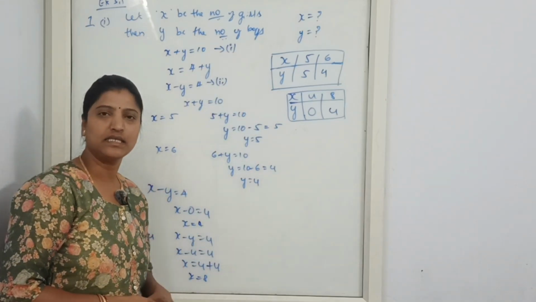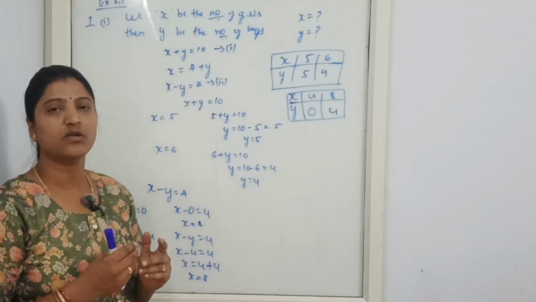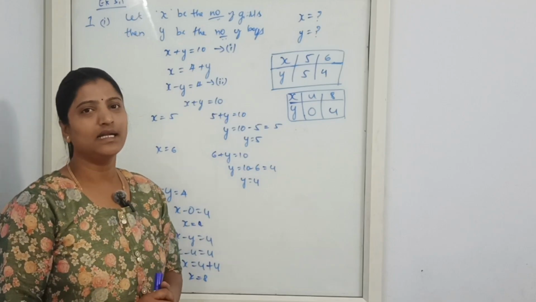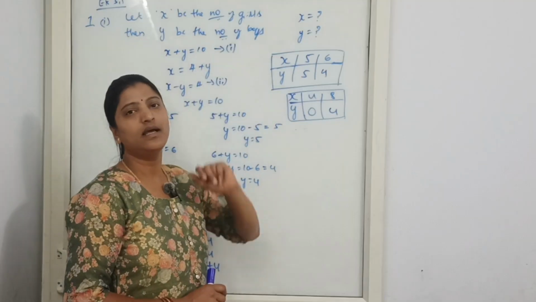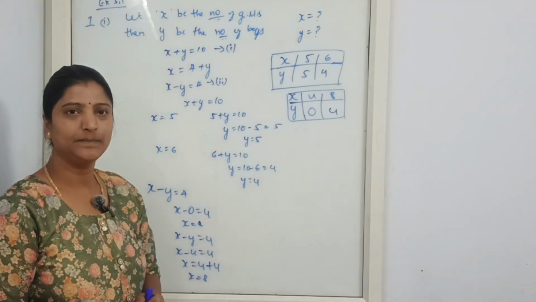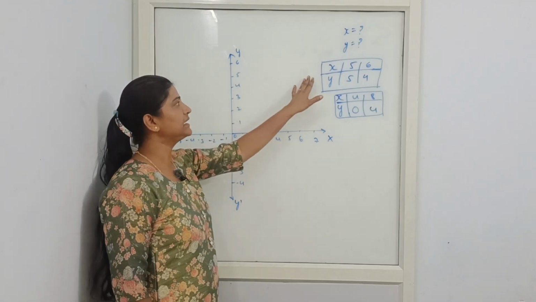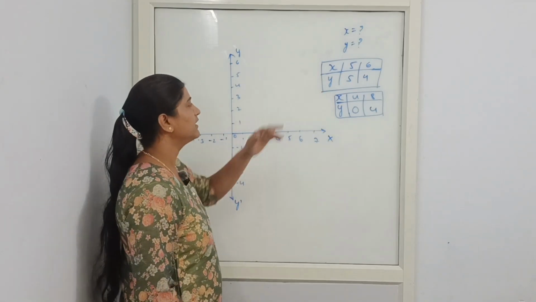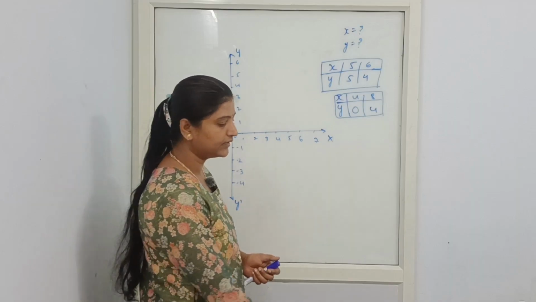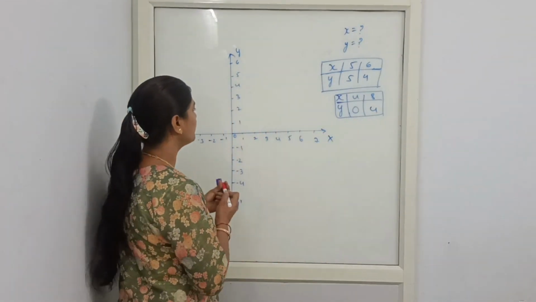And where they are intersecting, we need to find its coordinates of x and y, which are nothing but the number of boys and number of girls. Clear? Here I have drawn a graph, and now we need to represent these points on it. The first one, if x is equal to 5 and y also 5.